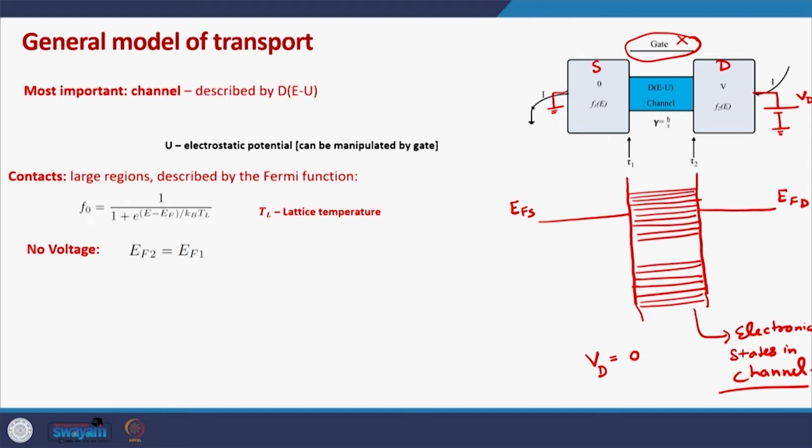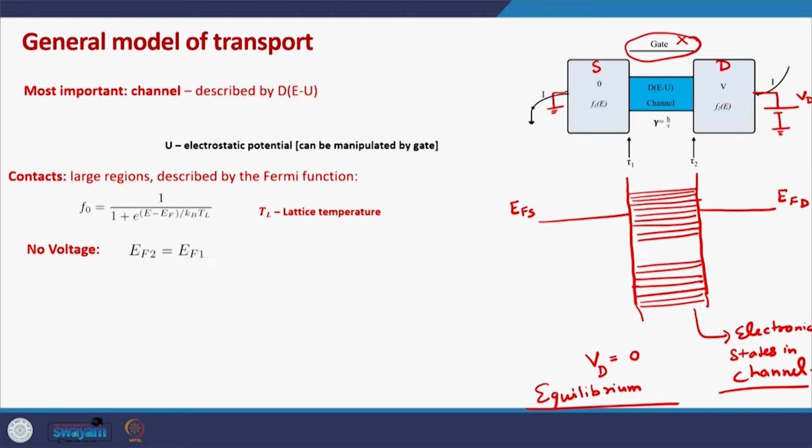In this case nothing happens in the device because both the contacts' Fermi levels are at the same level. So, no net electron flow is there, and this situation is the equilibrium of the device essentially.